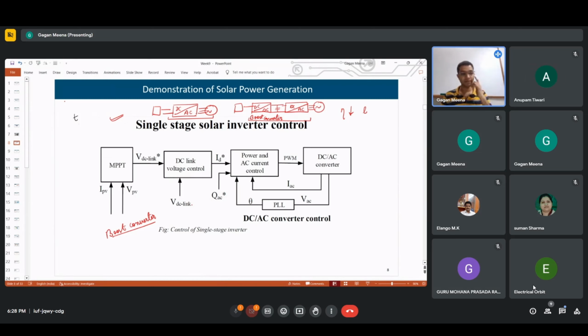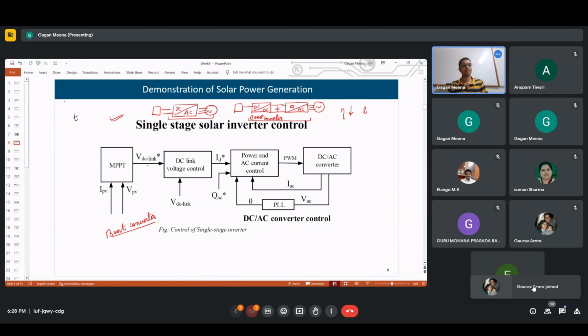Yes, that is correct. We saw in week 3, when we were discussing solar, I had shown one layout for wind, and one for a solar farm. Initially suppose it is generating 415 V. There will be strings, and they will be combined together at a particular point. Then at a low level they will be converted into AC.